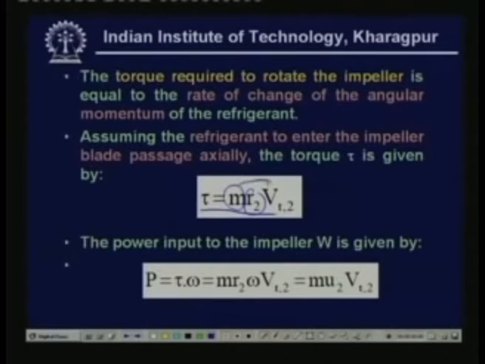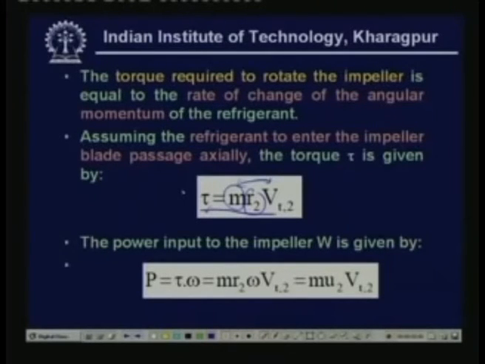Basically mass flow rate into velocity will give you the linear momentum, multiply that by the radius r2 and it will give you the torque. Since you are talking about the mass flow rate, this will give you the rate of change of angular momentum, which is nothing but the torque tau.